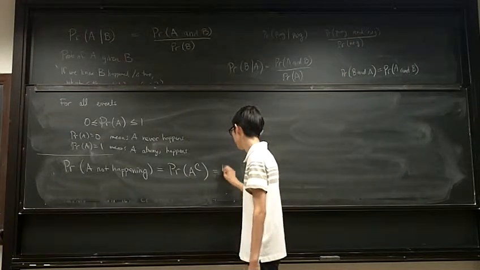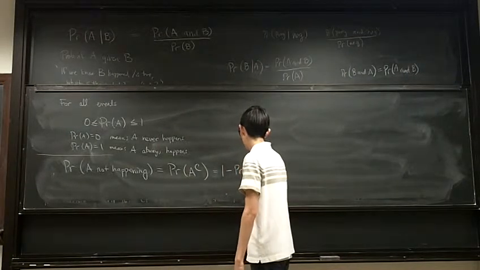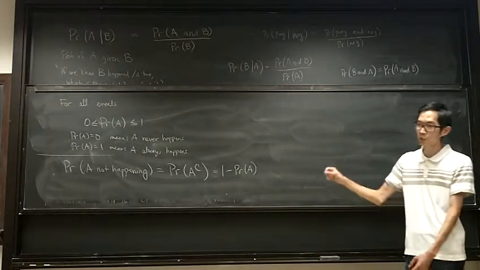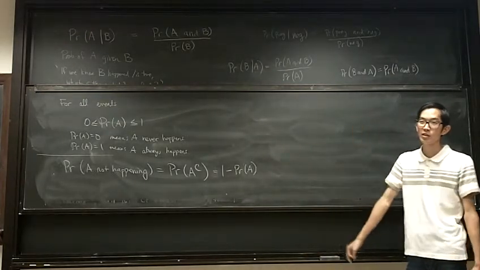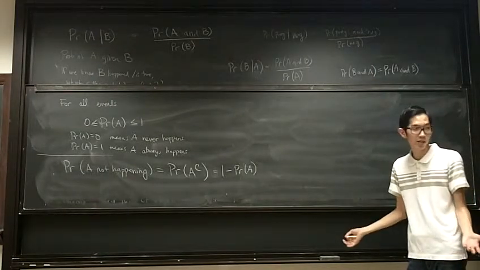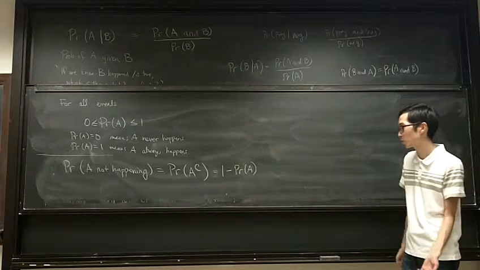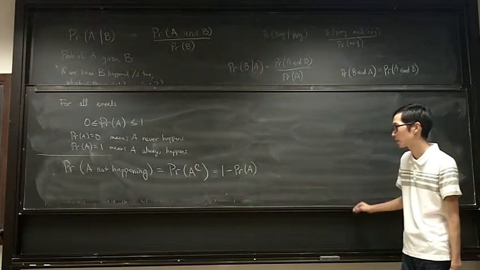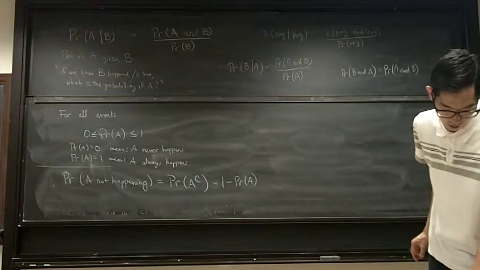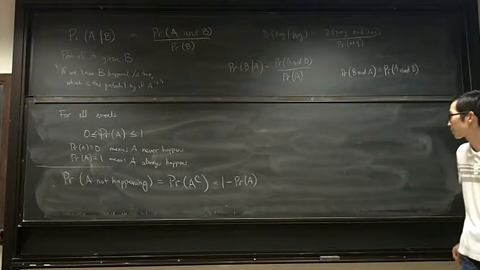And this is equal to 1 minus the probability of A. So if there's a 20% chance that A will happen, what's the probability that A will not happen? 80%, okay? 1 minus 20% gives us 80%. So that's the complement, okay?